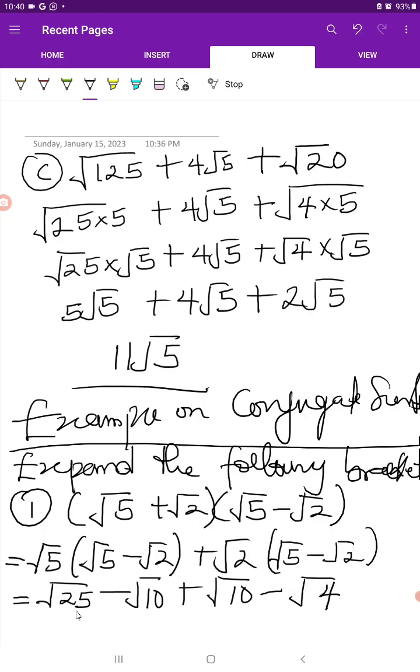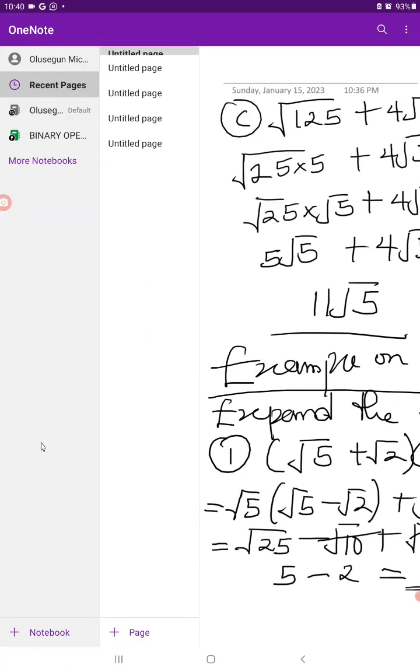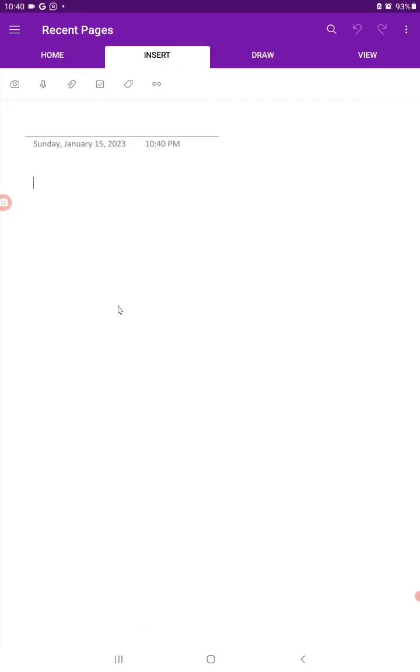So this will give you 5, this cancels this, minus 2. The total answer will be 3. So that is how conjugates are expanded, because the sign inside has changed.